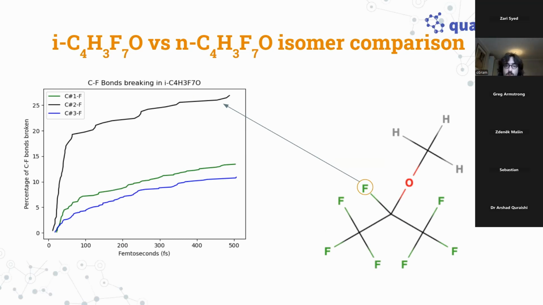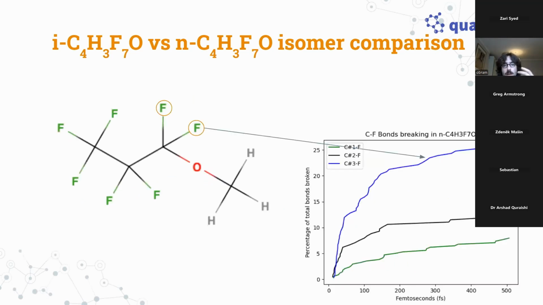And we can see that the majority of the carbon fluorine bonds are from this fluorine, and sort of similar levels from these environments here. And then for the N isomer, we see a similar pattern as before, that as we get further away from the oxygen, we see less breaking.